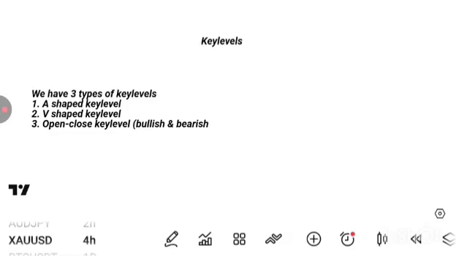And we have three types of key levels. We have the A-shaped key levels, we have the V-shaped key levels, and we have the open-close key level, right?